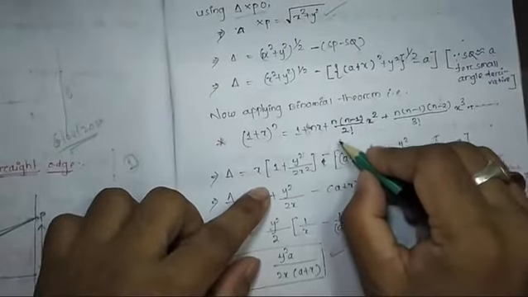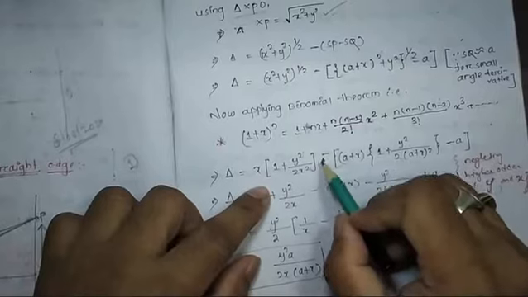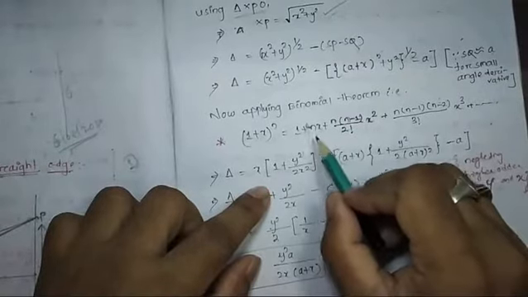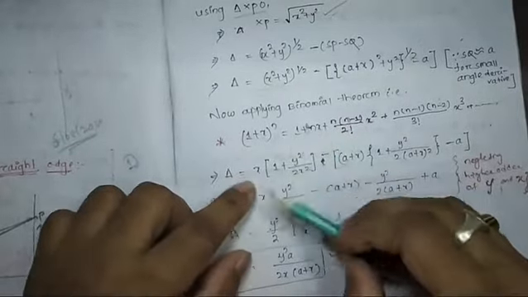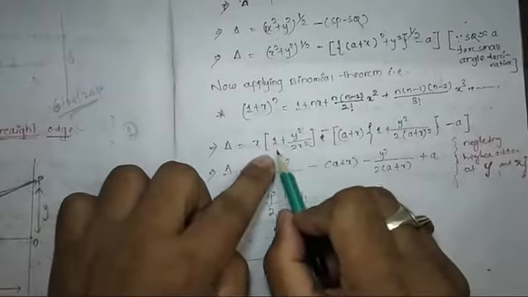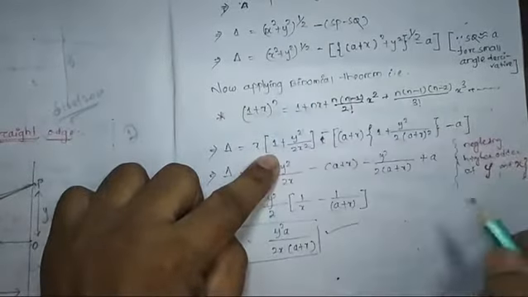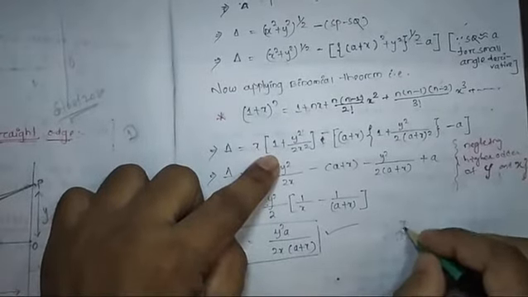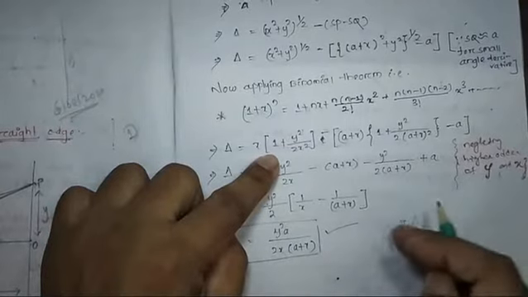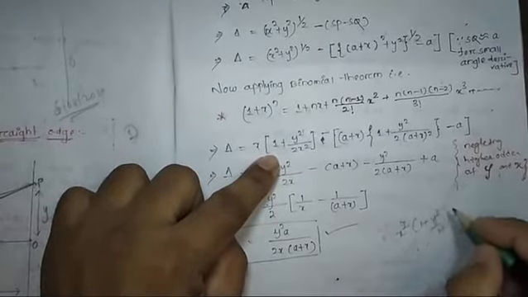Here I have written it directly; one step is not written here. If we take x squared outside, it will be (1 plus y squared by x squared) to the power 1 by 2.